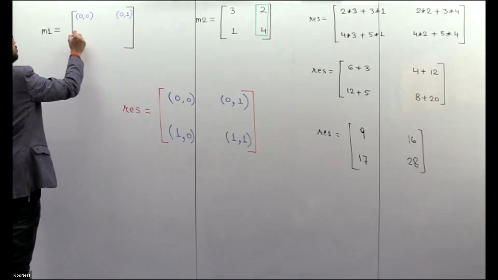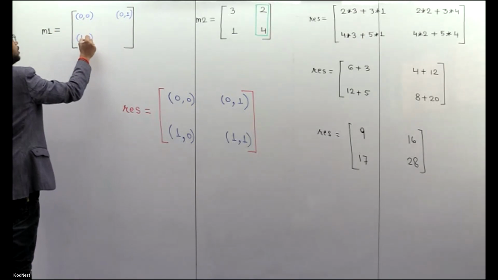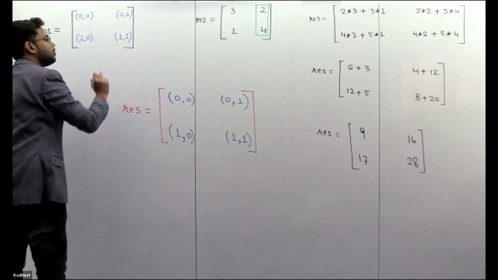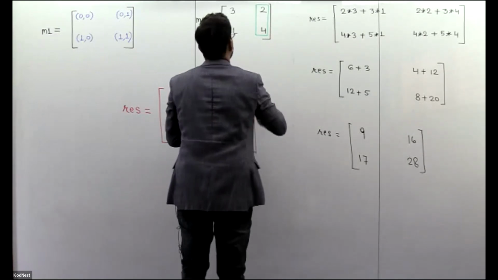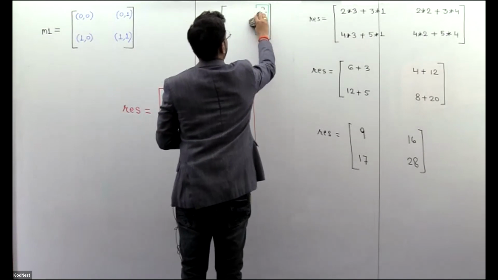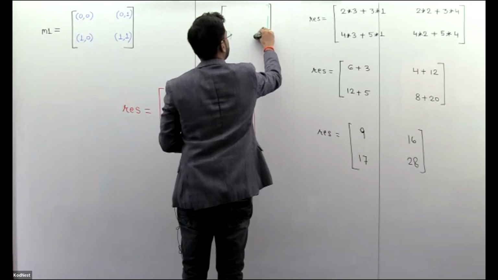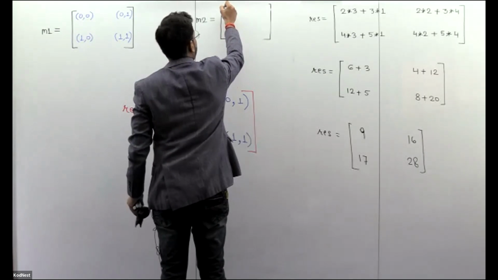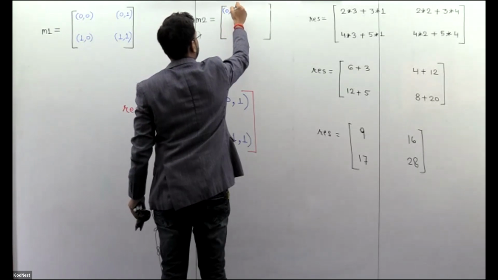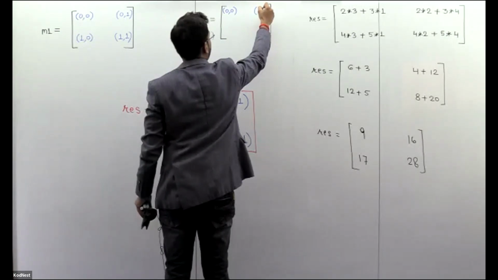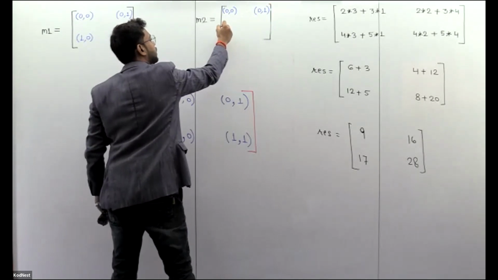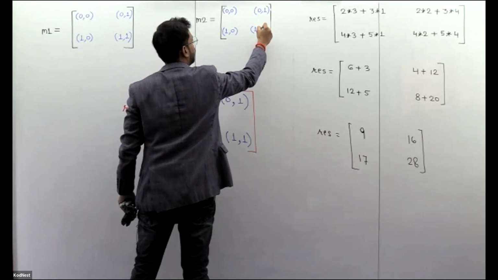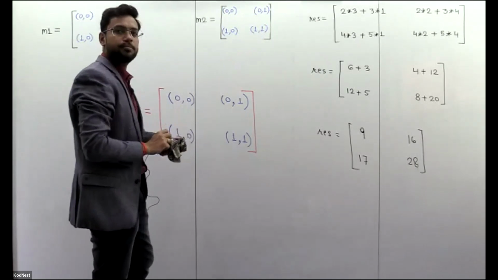This element index will be 1, 0. This element index will be 1, 1. Super. Next what? Here also I will tell the index of the elements. For the second matrix, this is 0, 0 element. Second matrix 0, 1 element. Second matrix 1, 0 element. Second matrix 1, 1 element.